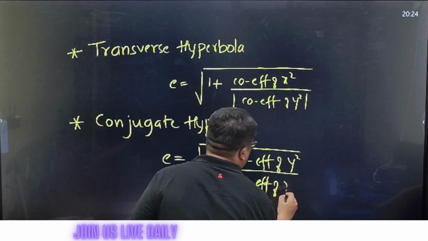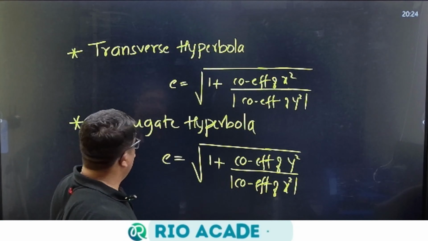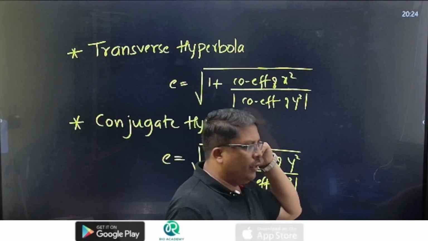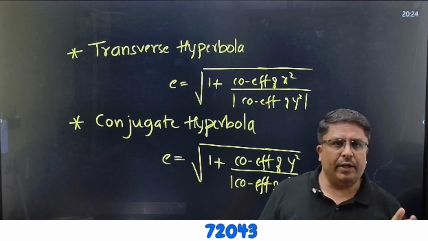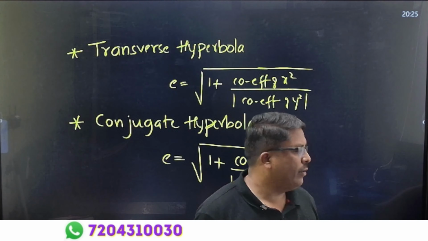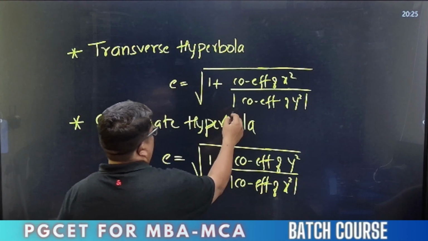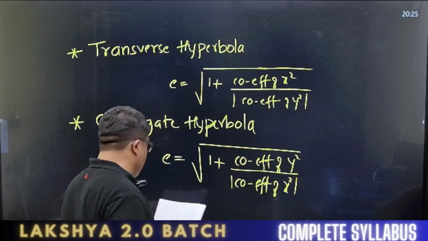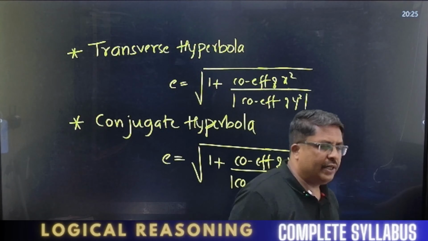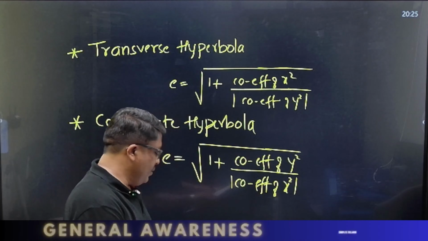In conjugate hyperbola coefficient of x square will be negative. In transverse hyperbola coefficient of y square will be negative. Just if you remember this, this trick will help you to find the eccentricity of the hyperbola. Okay, students.